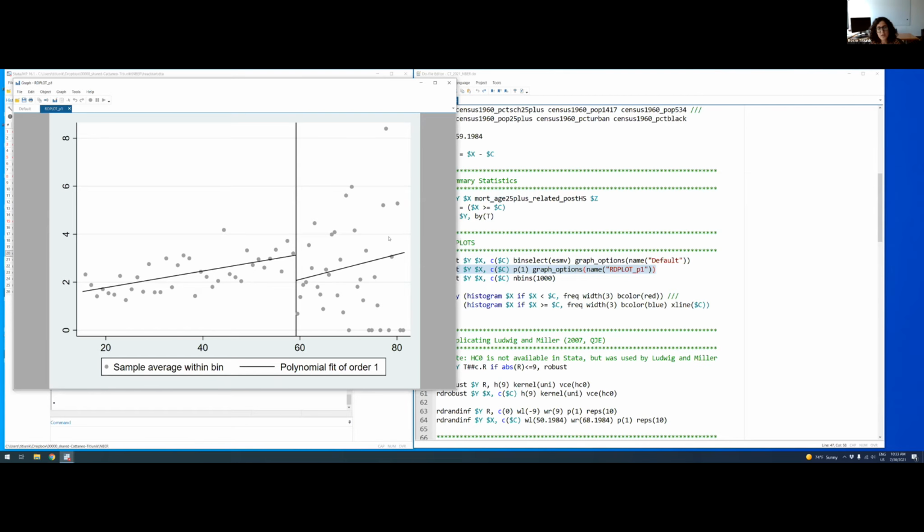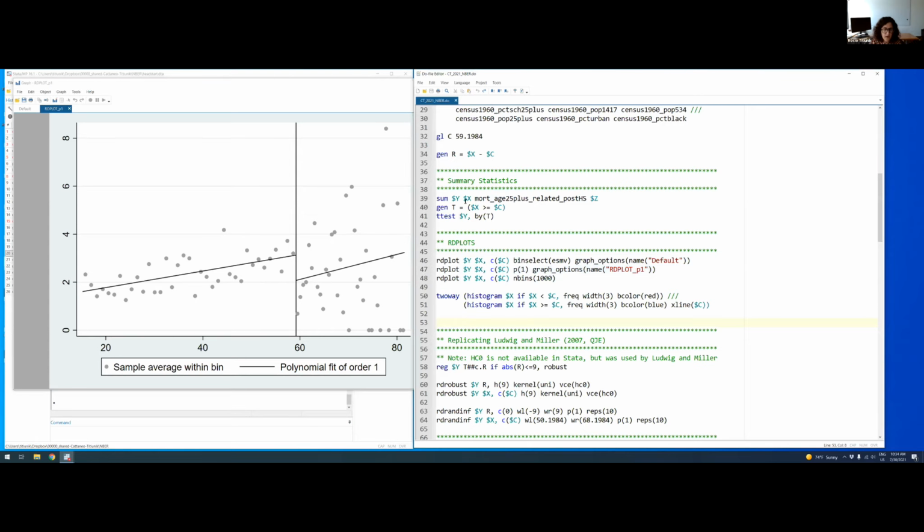I'm also setting up for Matias to come back and tell you why we're going to focus on polynomials of lower order when we use continuity-based analysis, why we want to go local to the cutoff, and how we're going to have to take care of the problem of boundary bias, since this is a boundary point.